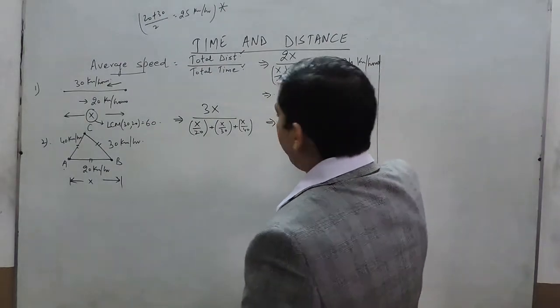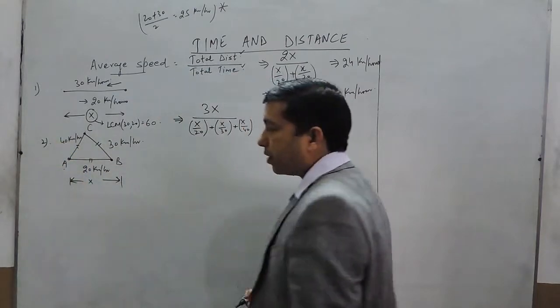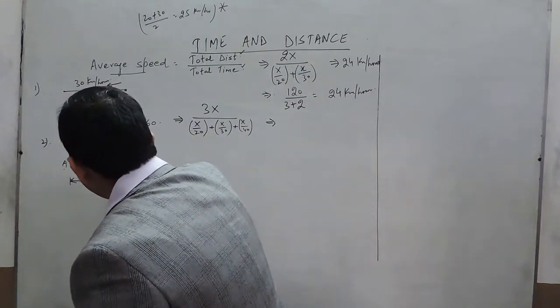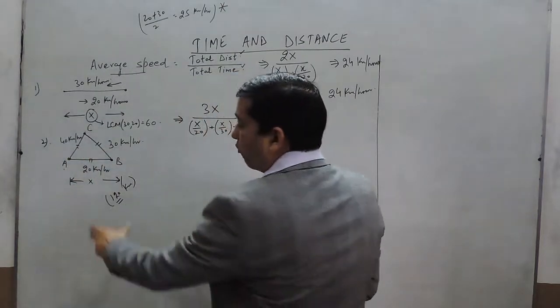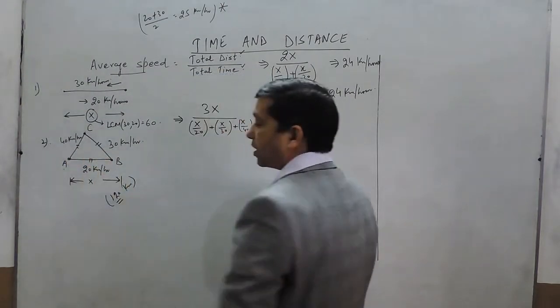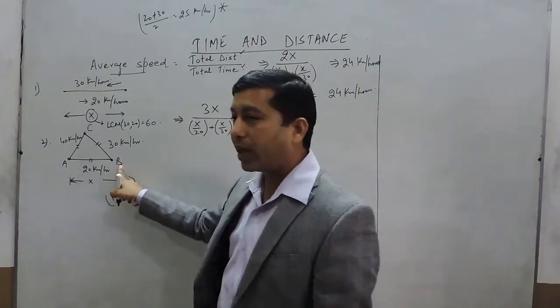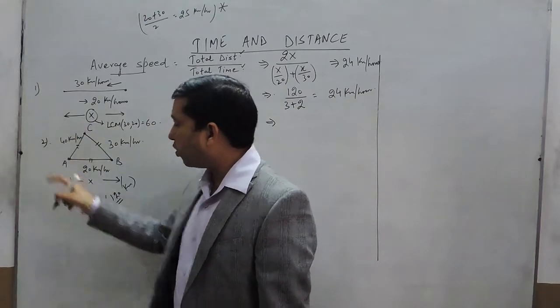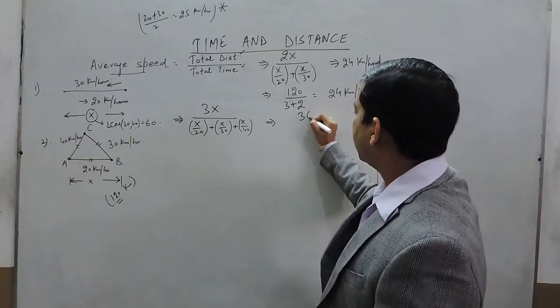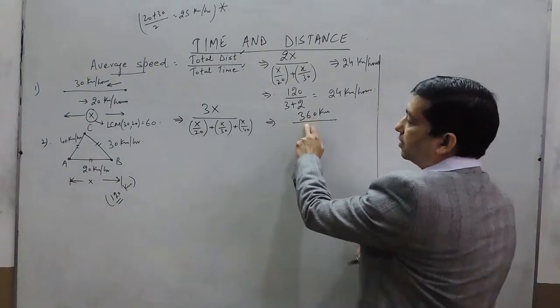Again, if we apply our logic, the LCM of 20, 30 and 40 comes out to be 120. So we can take the distance of one side, from A to B, as 120 kilometers. 120 kilometers plus 120 plus 120 is 360 kilometers, the total distance.